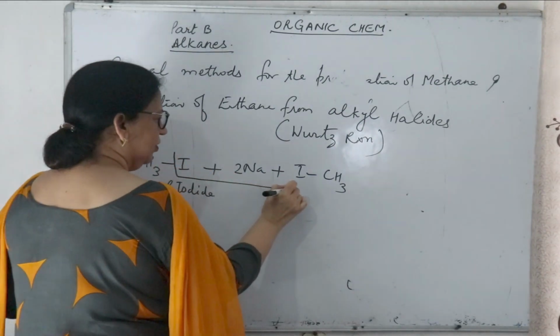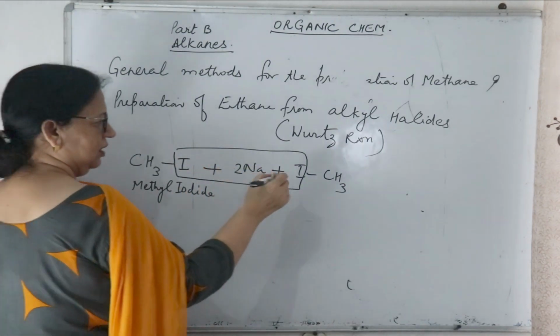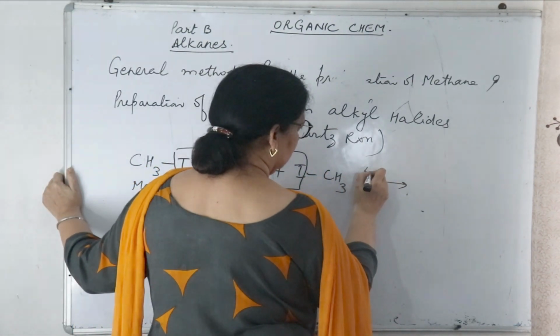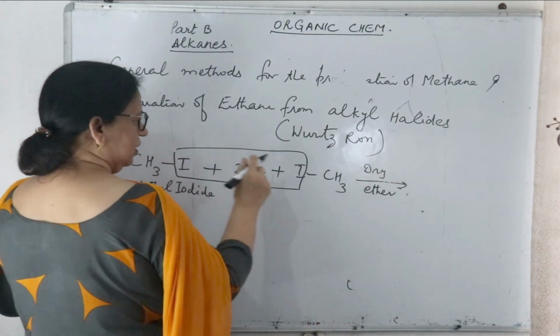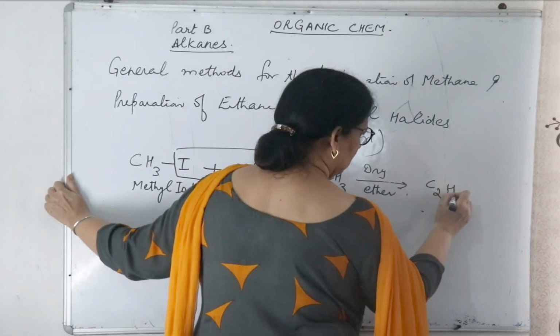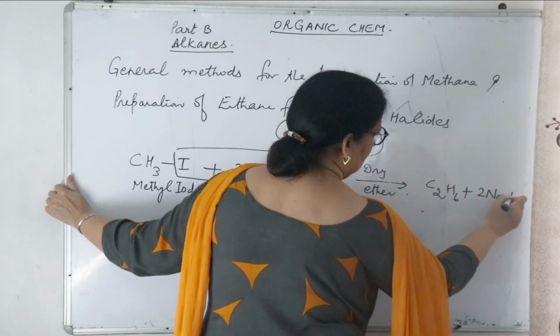The reaction takes place in the presence of dry ether, and what is left is C2H6 plus 2NaI.